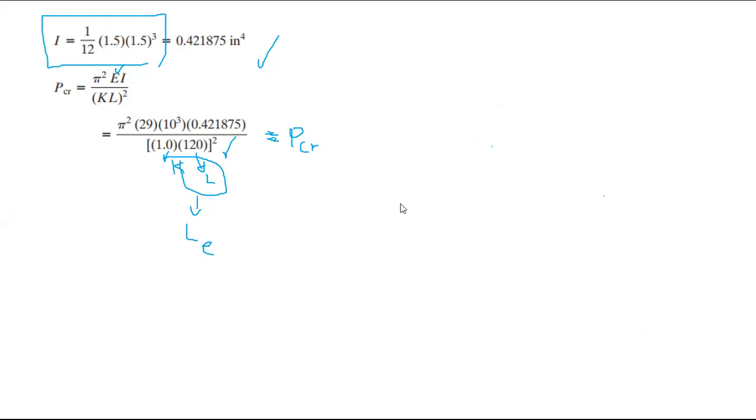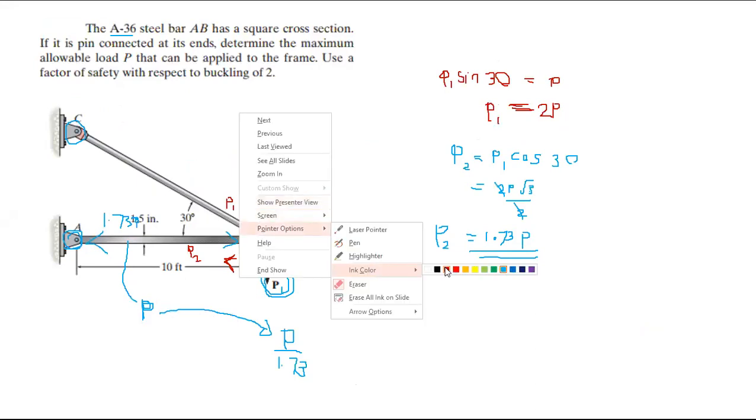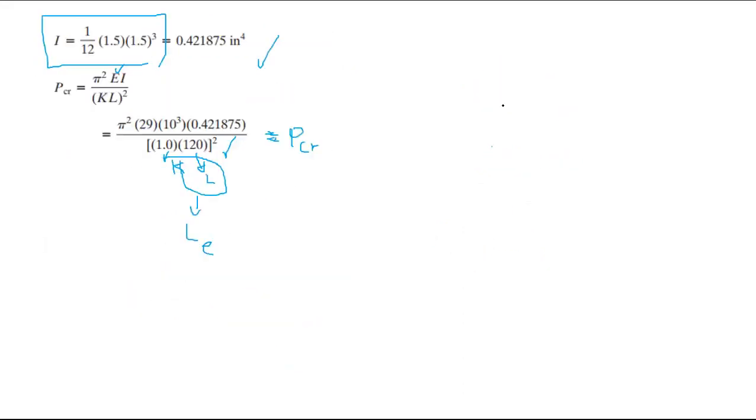Earlier we saw that if P is applied here, the force in this compression member is 1.73 times P. Similarly, if the force in this member is P, you need to divide by 1.73 to obtain the loading at P. If P is applied, 1.73 times P is here, that's the compression, the working load.